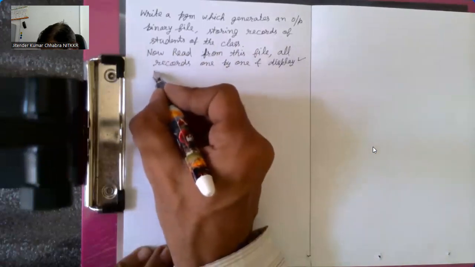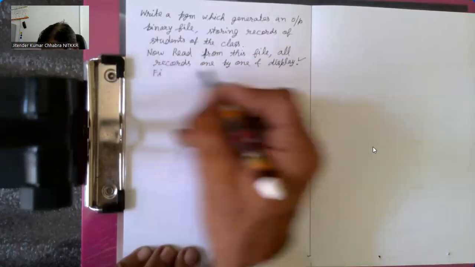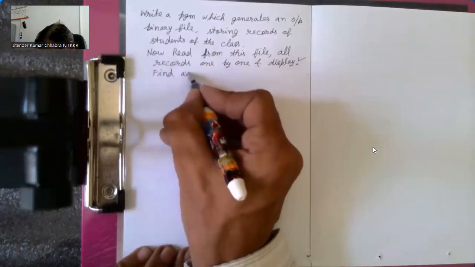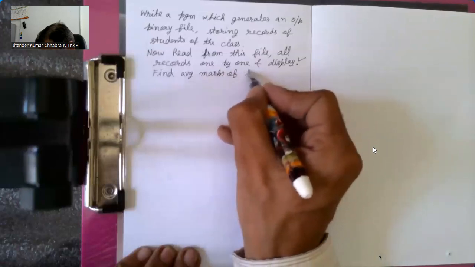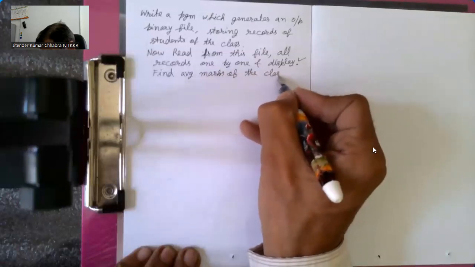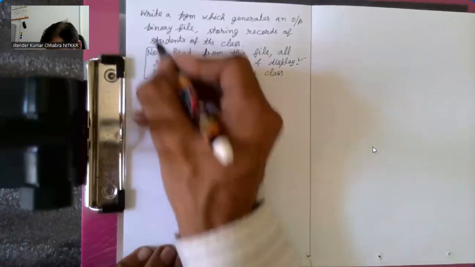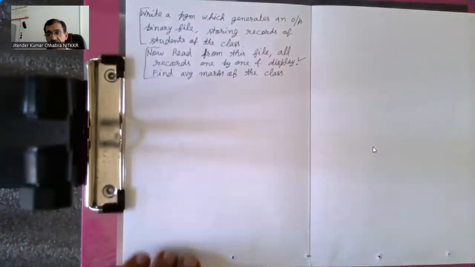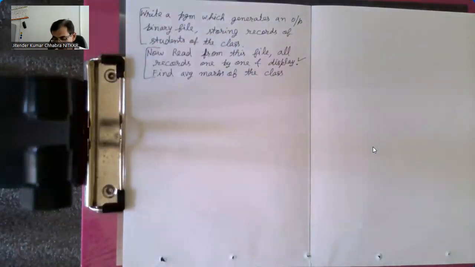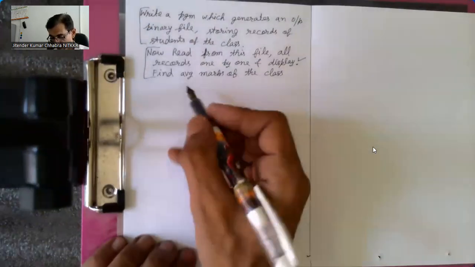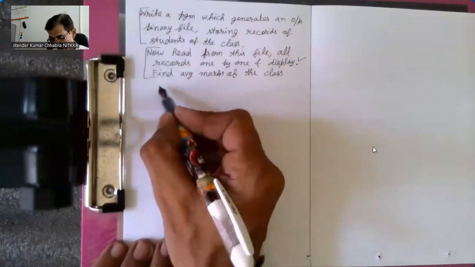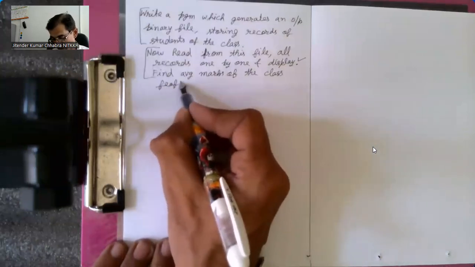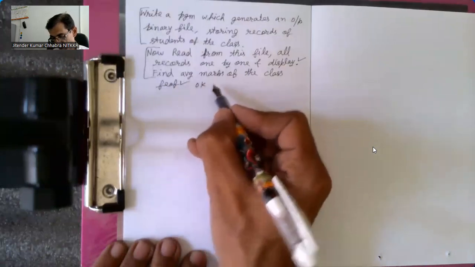Secondly, find the average marks of the class. So this is what we want to do now. For finding the average, I need to know how many students there are. That also should be counted because it is not prefixed. So while not end of file, while not feof, that concept can still be used. So feof is still usable.